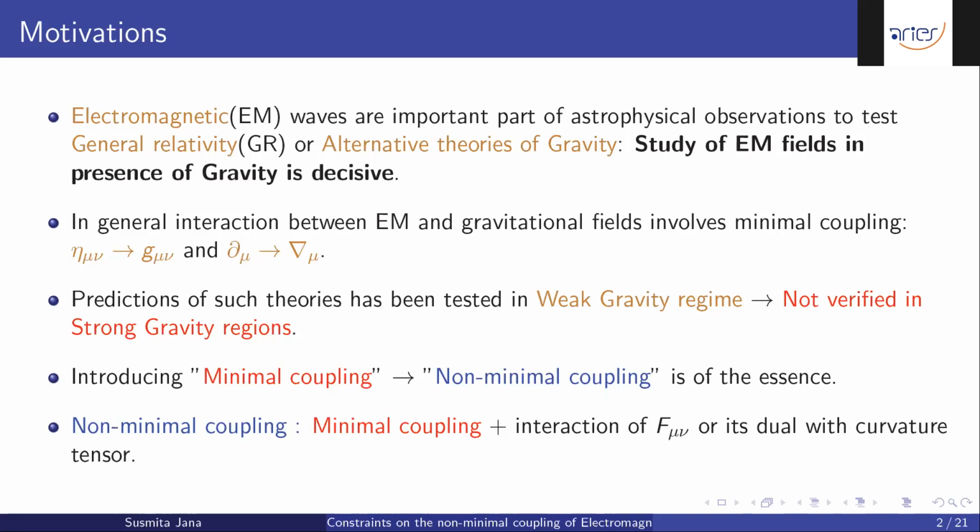These interactions become very relevant in strong gravitational regions because there we have higher curvature, and in such regions these types of interactions become more important than the minimal coupling.